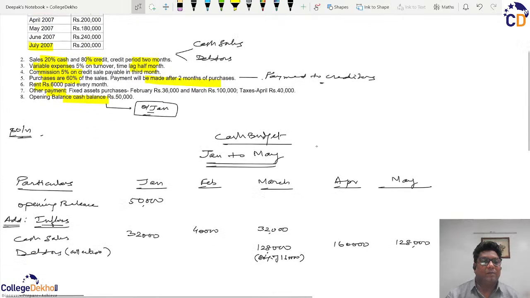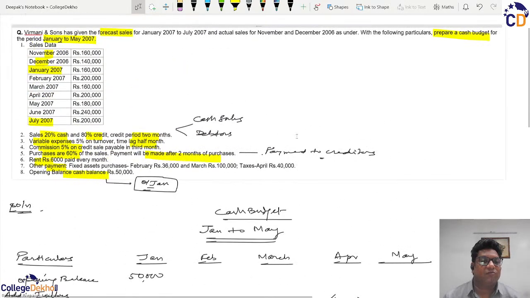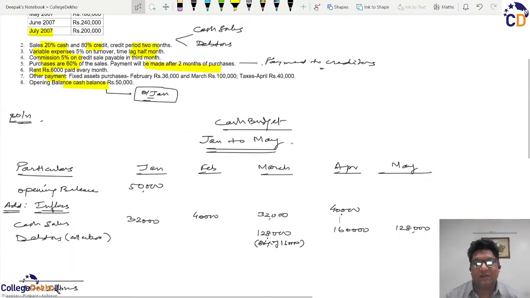Now if we go to April, the figure of sales is again 2 lakhs, so 40,000 here, and the balance of 160 will be collected in June, but that is not a part of our budget period, so we are not counting it here. Similarly, in the case of May, the sales is 180, so the 20% will be 36,000, and the balance will be counted in July.